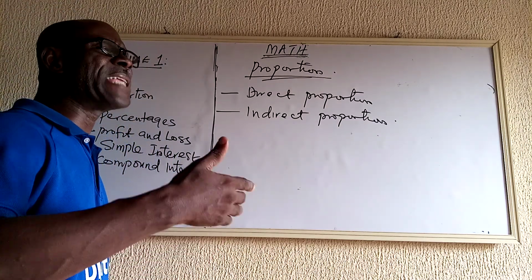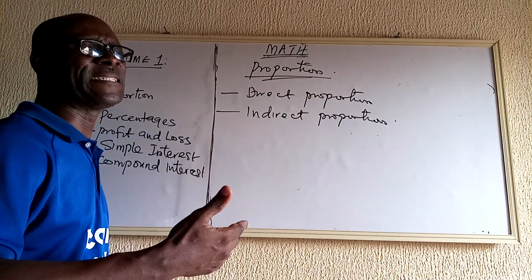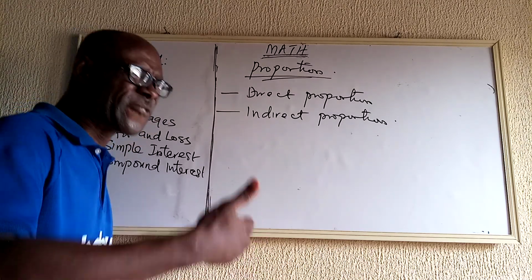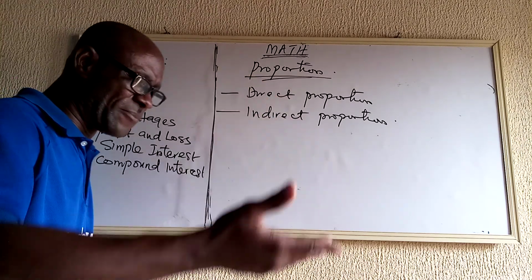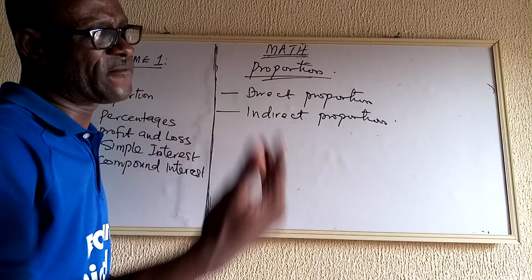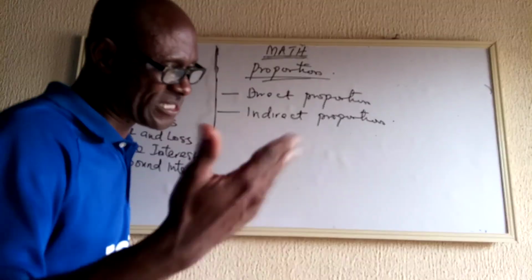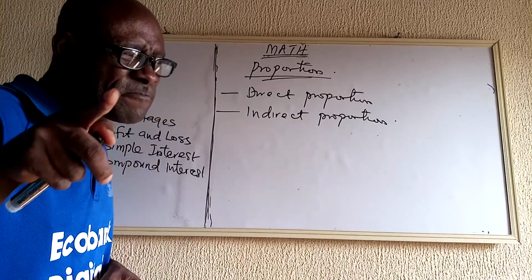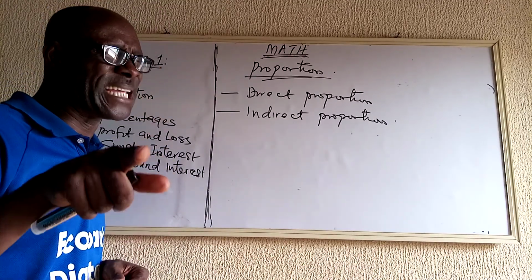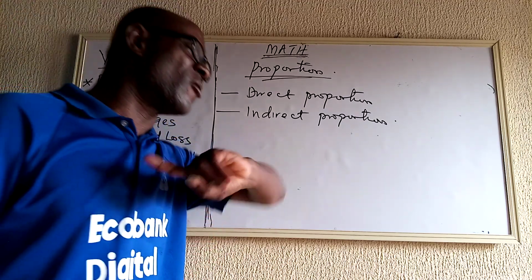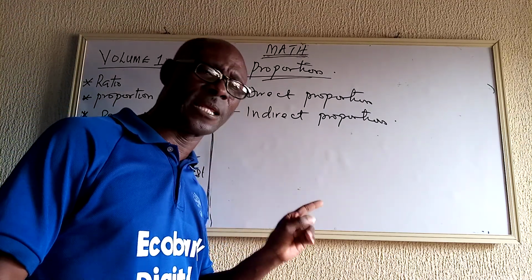If somebody now wants to buy the same items, but increasing the number of items, such as maybe 5 or 7 now, instead of buying 3, he wants to buy 5 or 7. We don't expect the buyer to pay the same amount that the other person who bought 3 paid.